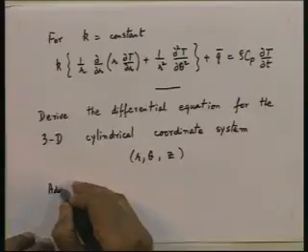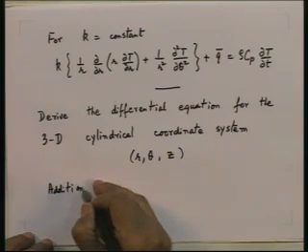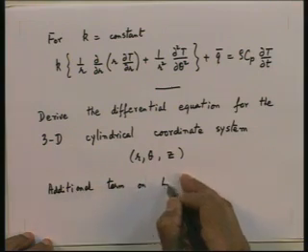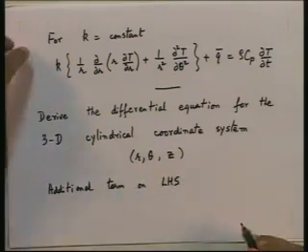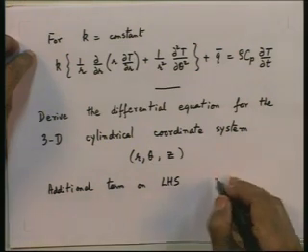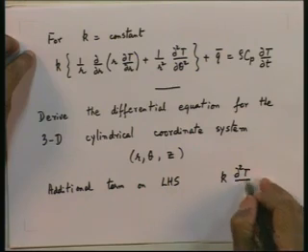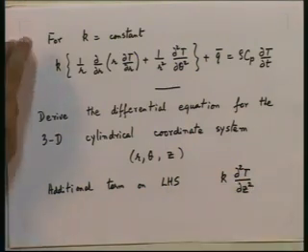The additional term on the left hand side of the equation that we have here will be k d2t dz squared. This is the additional term that you are going to get in this differential equation. That is all that you are going to get, an additional term out here plus this quantity.